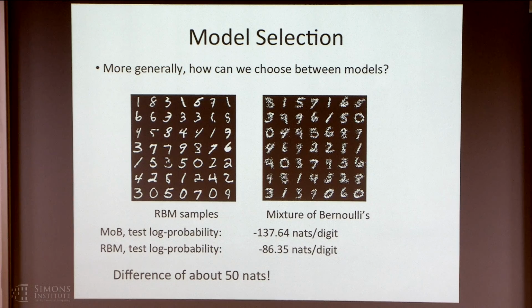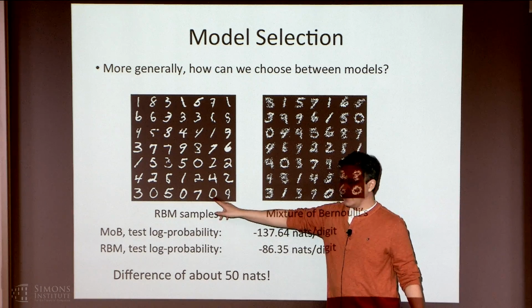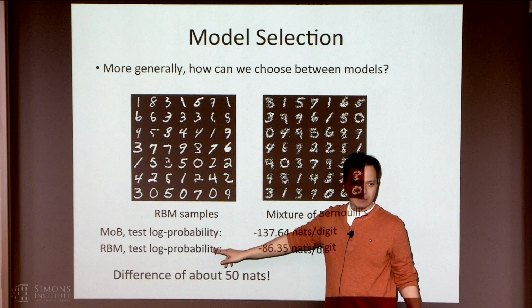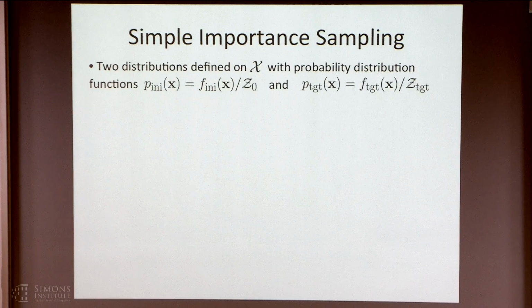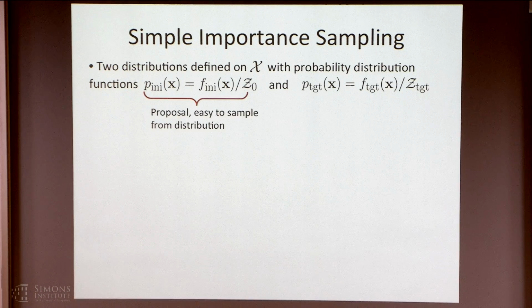If it's a very bad model, it will say it's low probability. So if I give you a new test example versus a random image, and you say yeah, they're both probable, then it's a very bad model, right? So let me give you an intuition of how we can do that for these kinds of models.